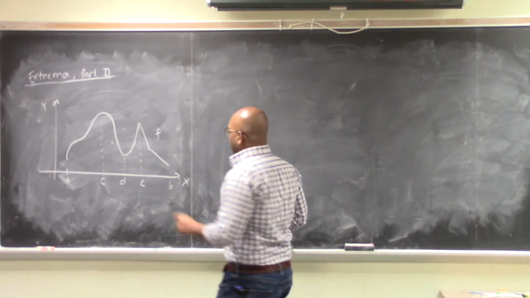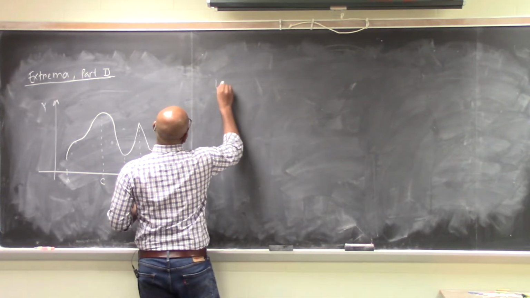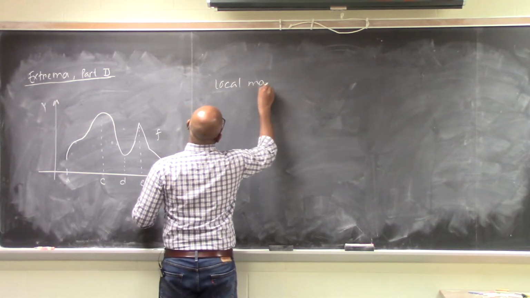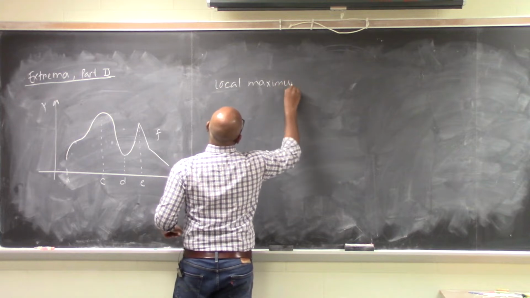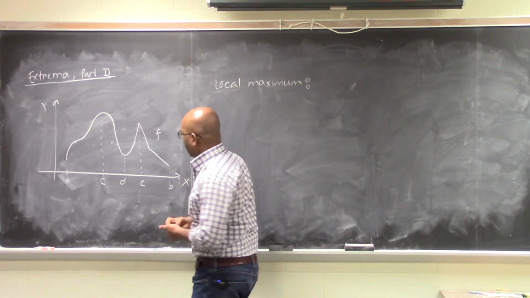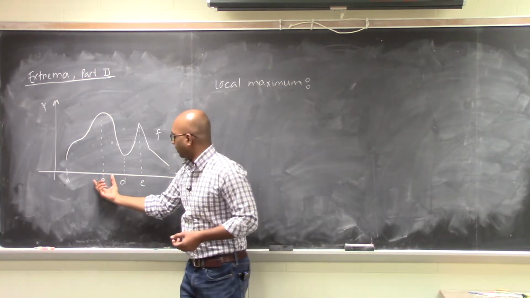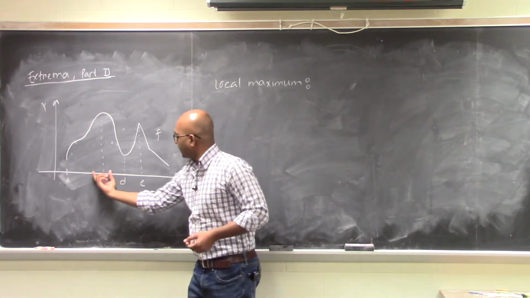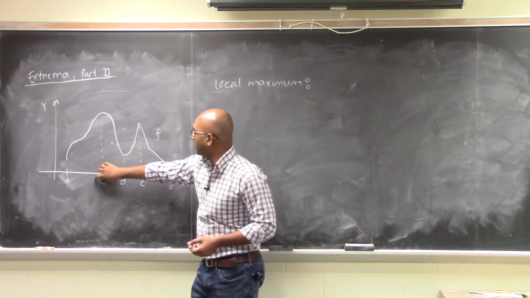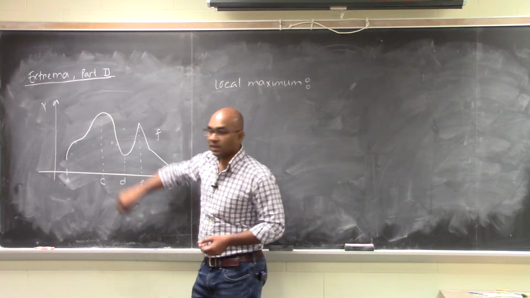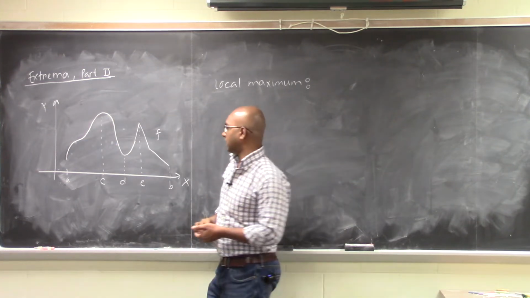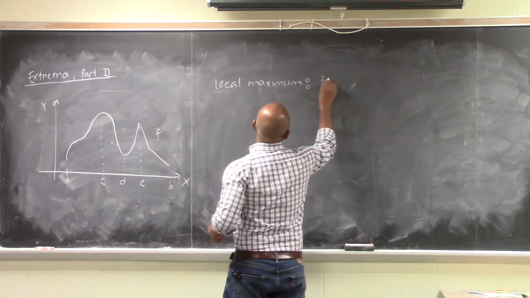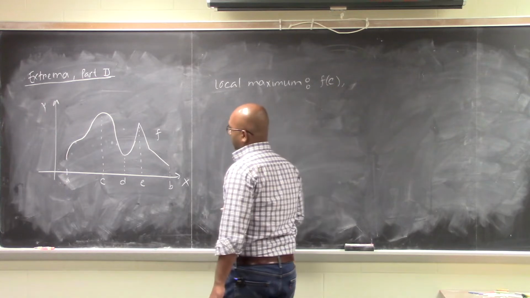All right, so here what is the local maximum? It's the highest value, right? So if you look at this point C and take any interval containing C, then you will see f of C is the largest value in that tiny interval, right? So f of C is definitely a local maximum.